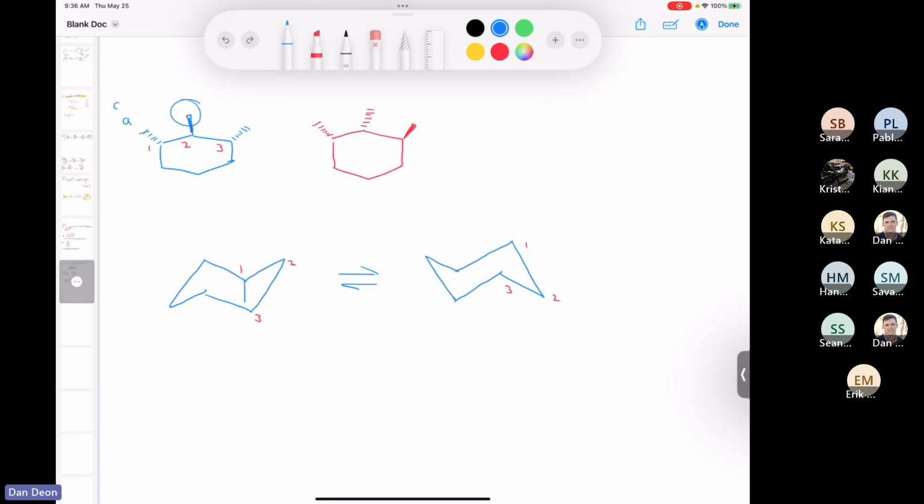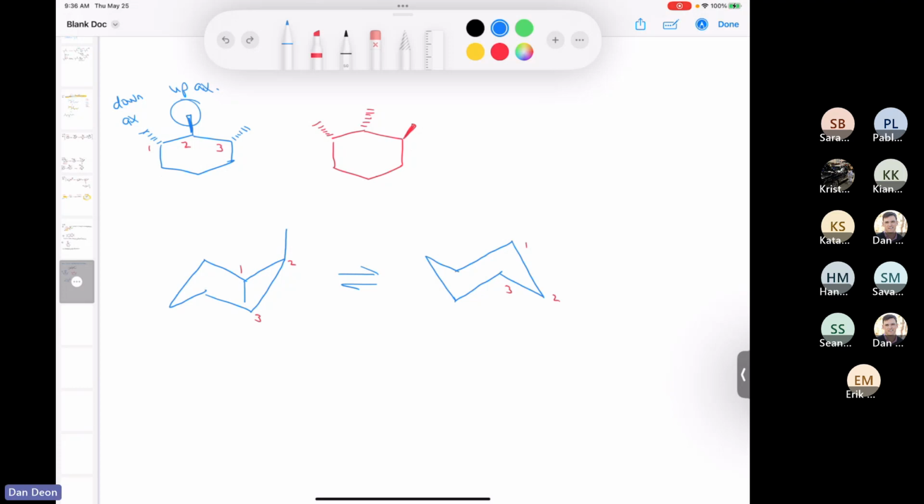Right, axial alternates, up, down, up, down, up, down. So down an axial, that means that this is going to be up an axial, right? There's no way anything here could be up and equatorial. It's impossible. Anything that's in an equatorial position has to be pointing down. So we'll delete that.